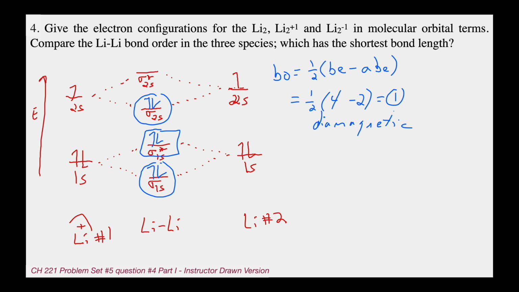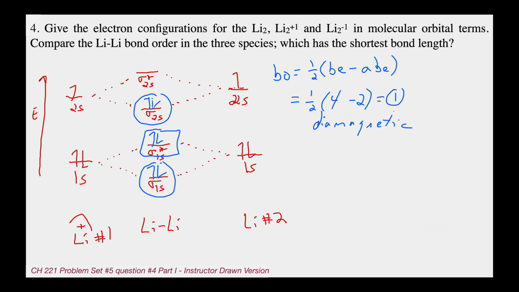But one more thing. You can see the other part of this problem. You've got Li2 plus 1 and Li2 minus 1. Well, you can actually make these molecules. So let's say we wanted to do Li2 plus 1, all right? What we would do in Li2 plus 1 is take away an electron. So let me see if I can do this here.